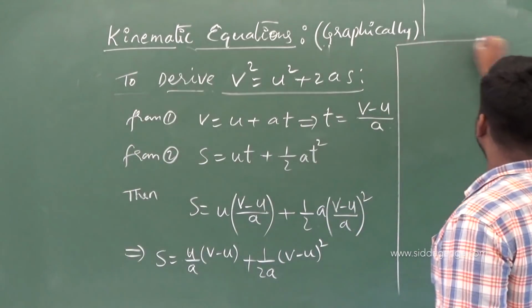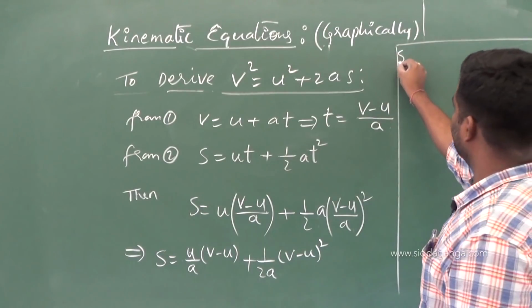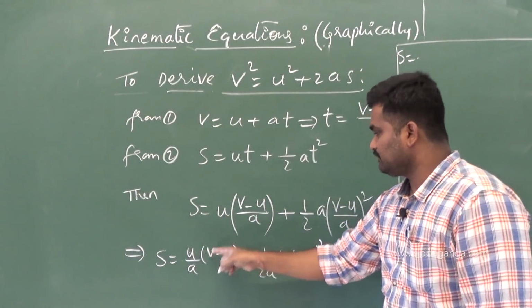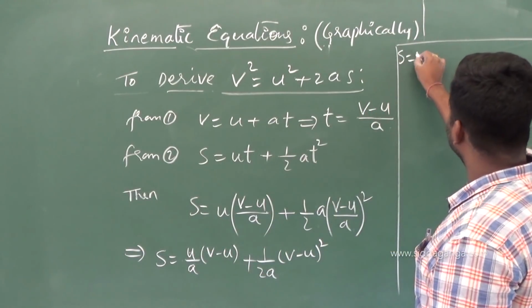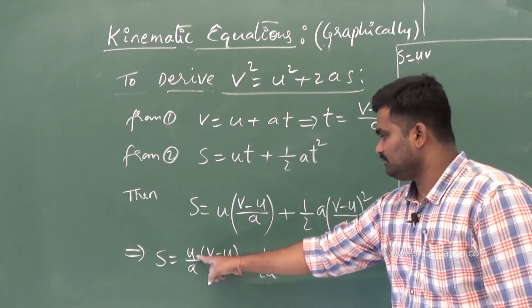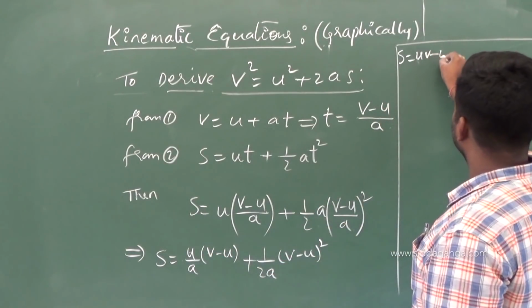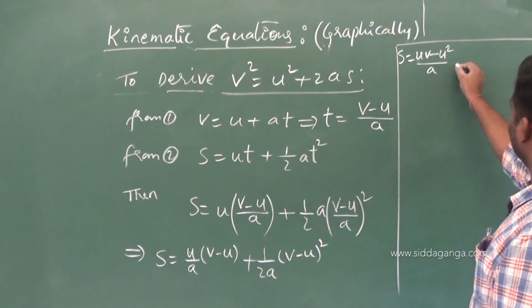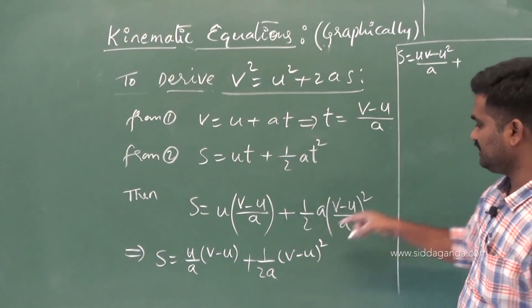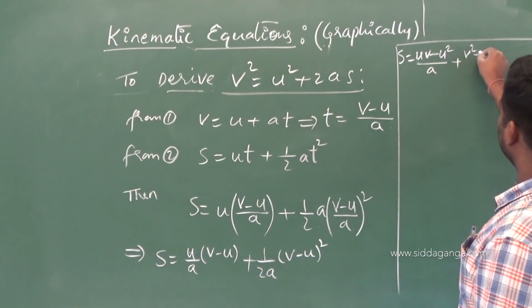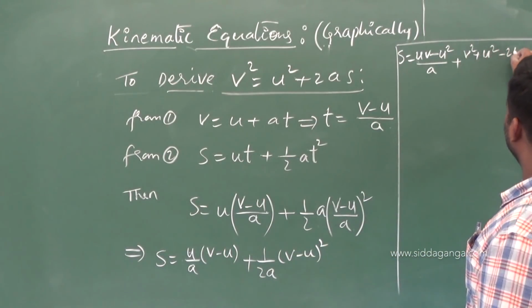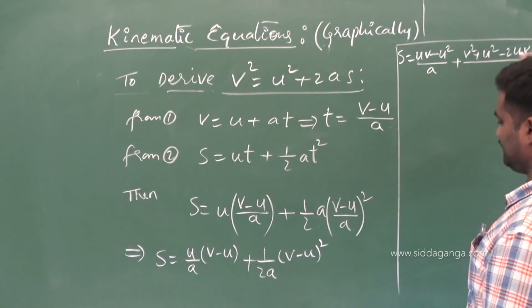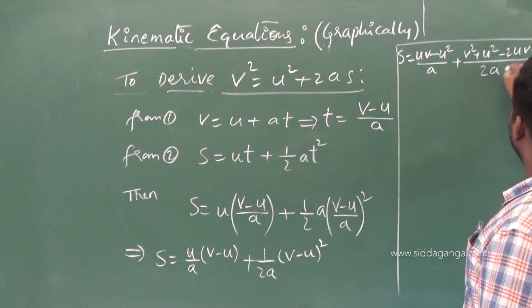So finally, see what I am going to write. S equals U into V minus U square divided by A, plus V minus U whole square, which means V square plus U square minus 2 into U into V, divided by 2A.